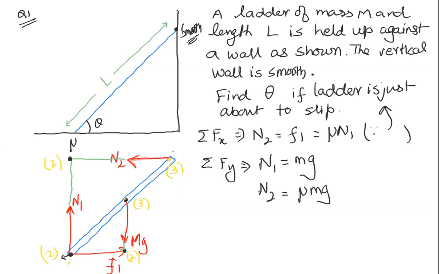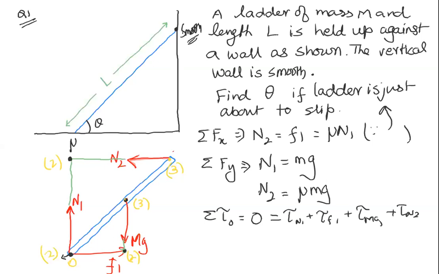Let's choose point O since this was the original choice. Summation of torque about point O should be equal to 0. इस point के about torque हमें निकालना है. इस point के about जो torque होएगा that will be due to N1, torque due to F1, torque due to mg plus torque due to N2.